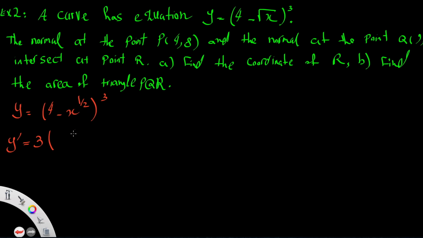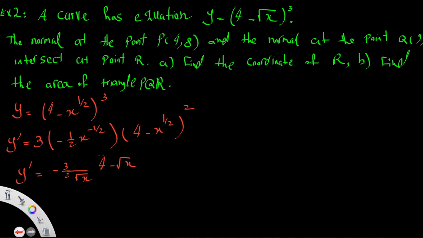Then differentiation of x to the power of half will be half x to the power of negative 1 over 2, with a negative sign. Then u to the power of n minus 1, which is 4 minus root x to the power of 2. The x to the power of negative 1 over 2 goes to the denominator, so it becomes positive power 1 over 2, which is radical x.